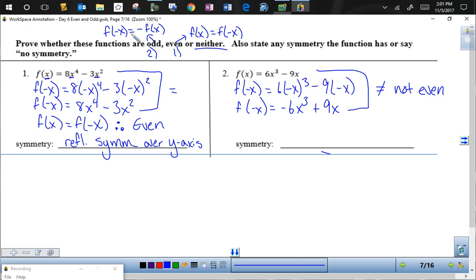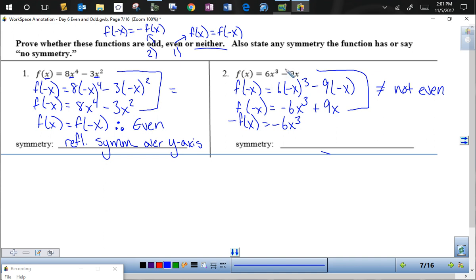Now we have f of negative x, we need to look at negative f of x. Well, this is just the opposite sign of everything we see up here, so let's write it. Negative f of x is the opposite sign of everything up here, so this changes to negative 6x cubed.